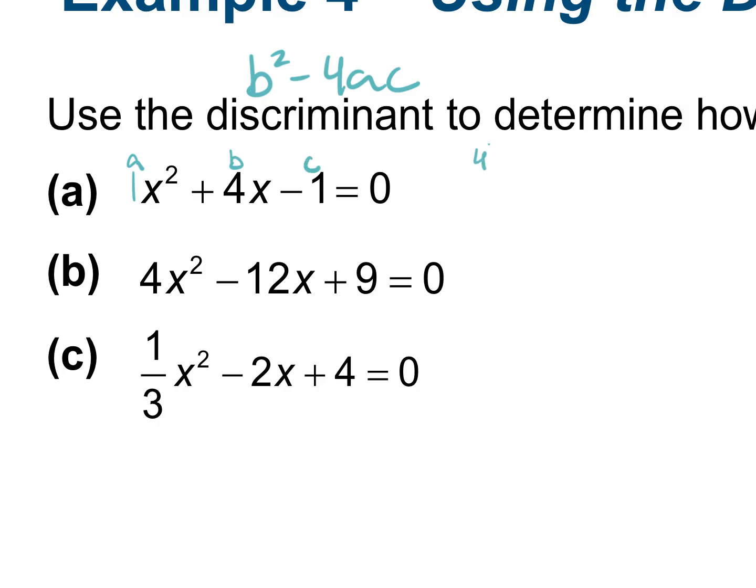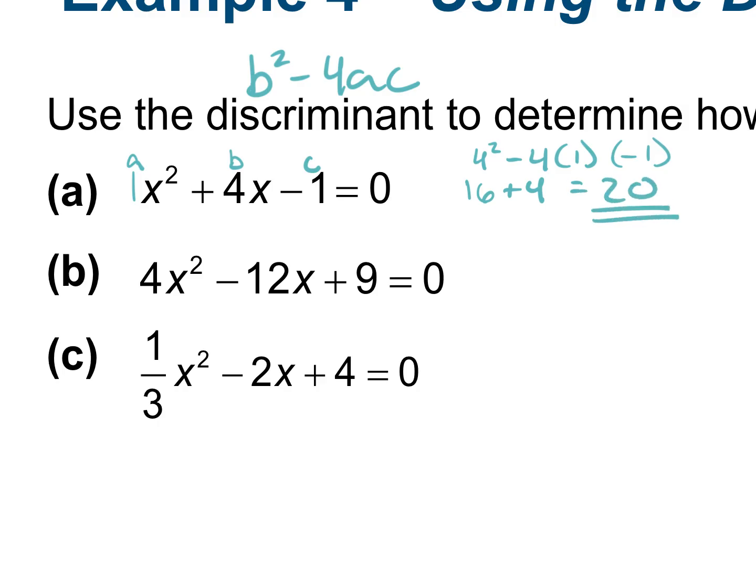We have 4 squared minus 4 times 1 times negative 1. So 4 squared would be 16. Negative 4 times 1 would be negative 4. And negative 4 times negative 1? Positive 4, so plus 4. And 16 plus 4 would be 20. So our discriminant is 20.